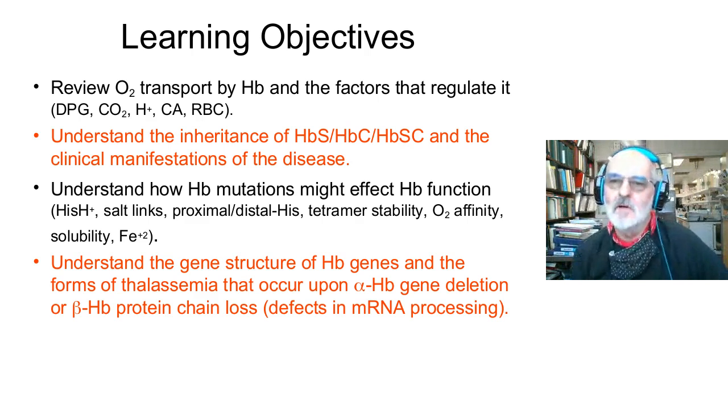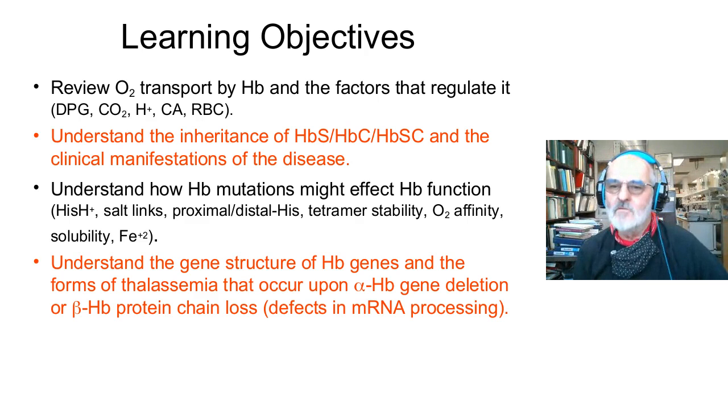It binds oxygen cooperatively. And you should know that factors like DPG, CO2, and protons, or low pH, induce right shifts in the binding curve and improve oxygen delivery. You should know what carbonic anhydrase does. You should know some general features about red blood cells.